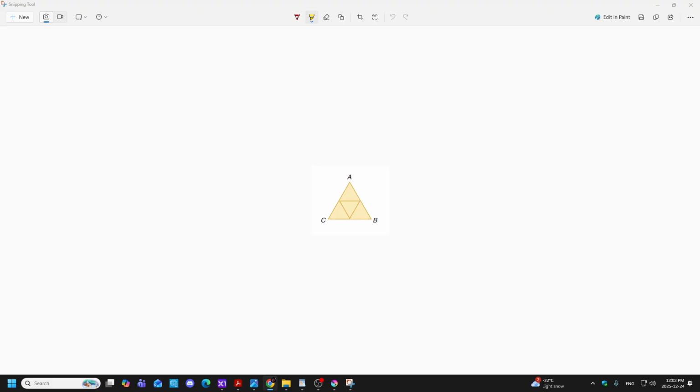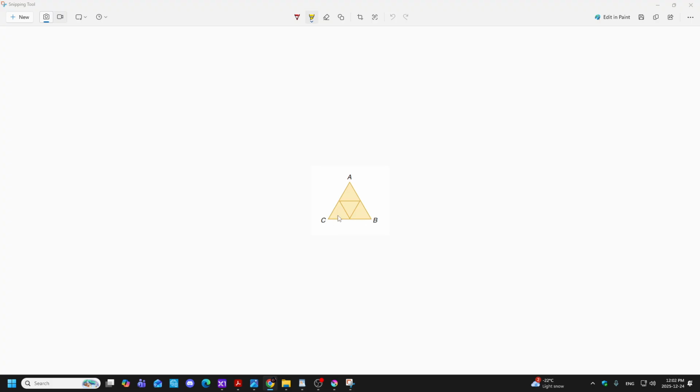Definition of an equilateral triangle. An equilateral triangle is a triangle where all three sides are equal in length, and consequently all three interior angles are equal, each measuring 60 degrees.